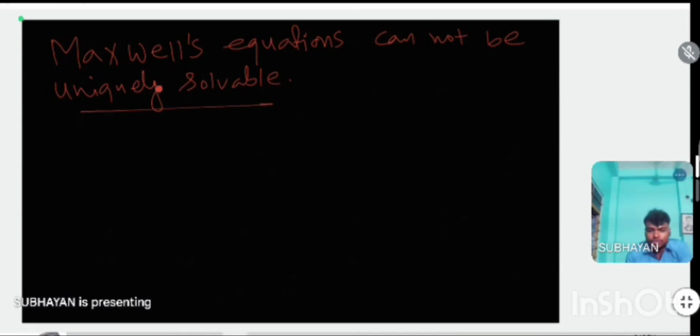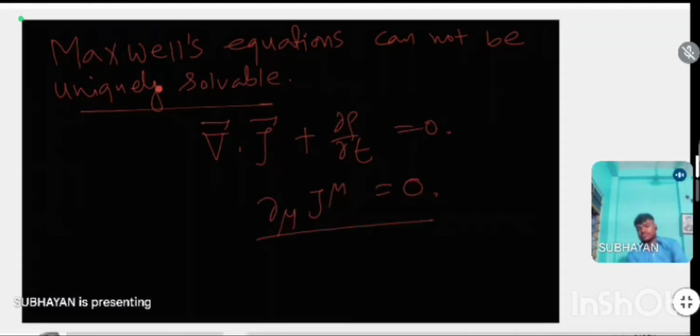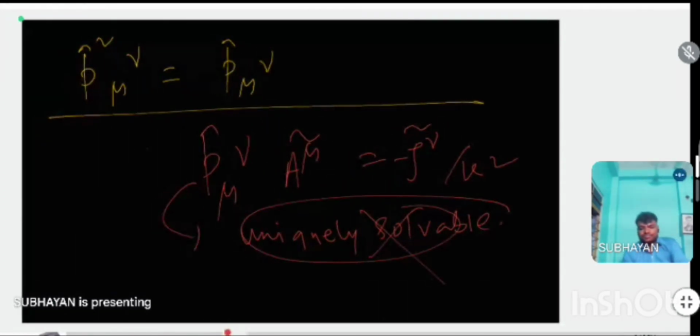But you know the continuity equation. The continuity equation is divergence of j plus del rho by del t equals 0. And in contravariant form, you can write del mu j mu equals 0.